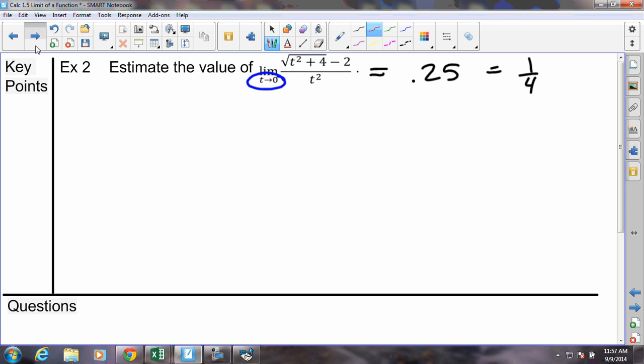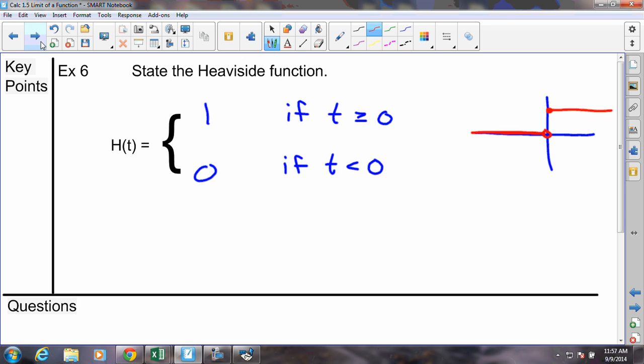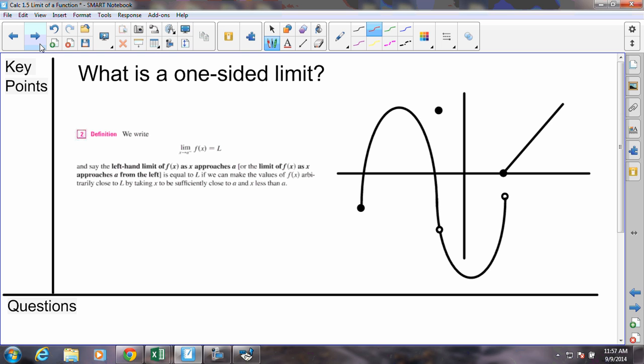The same concepts are there as what we'd have for a regular limit. If we're discussing a left-handed limit, it's saying as we get closer and closer to this x value coming from the left, what is happening to the y height?